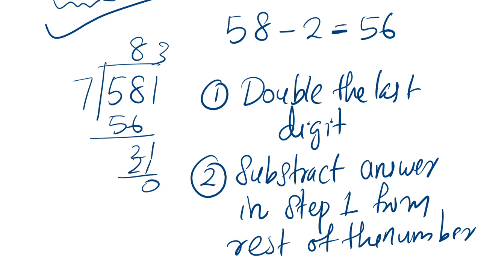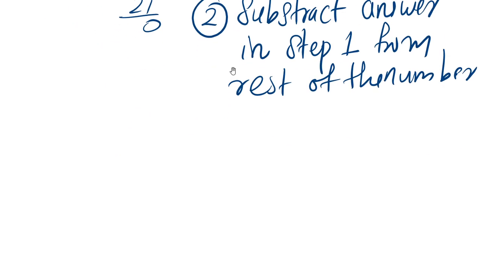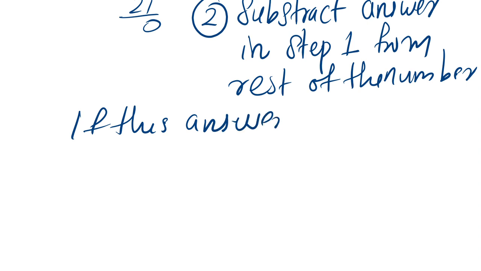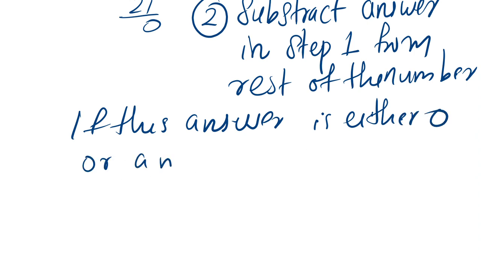If this answer is either 0 or a multiple of 7, then that means this number is divisible by 7.